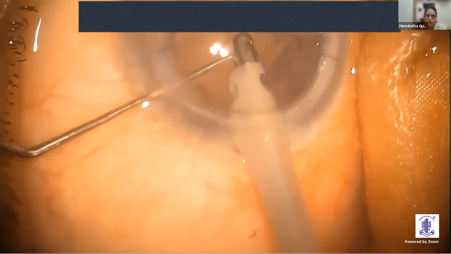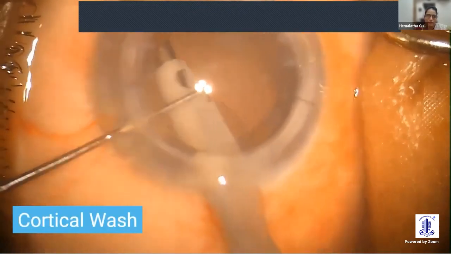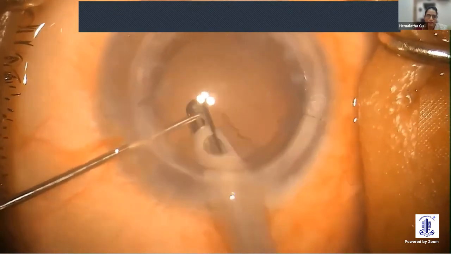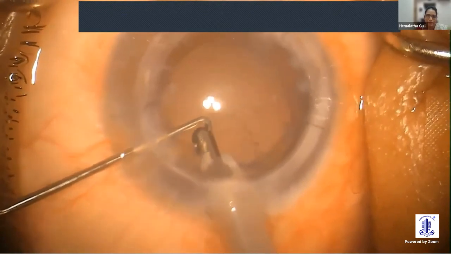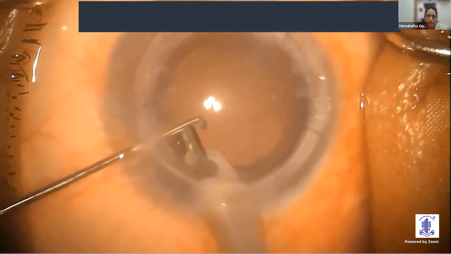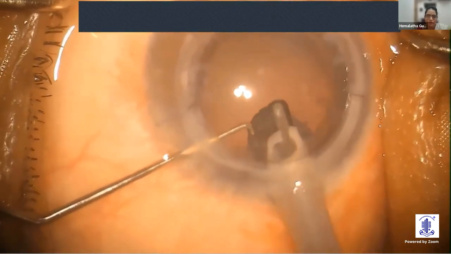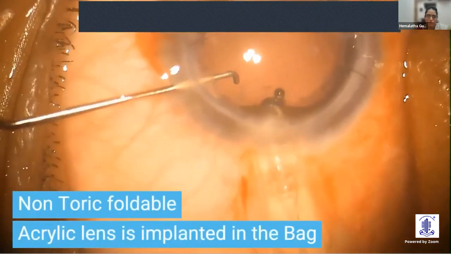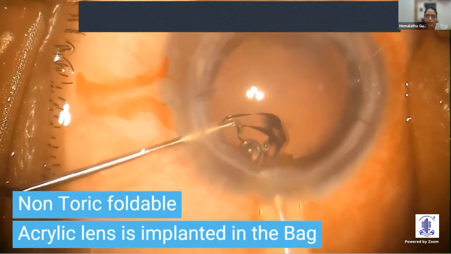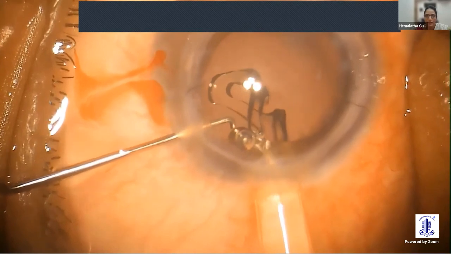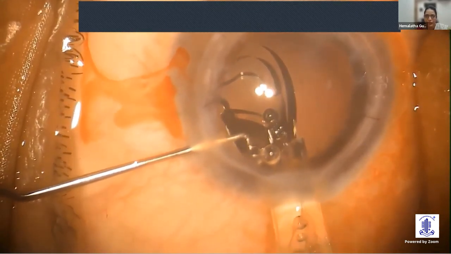So cortex wash is done. I prefer to do a non-toric foldable lens in these patients because this is a full thickness keratoplasty, keeping in view future graft rejection and failure.